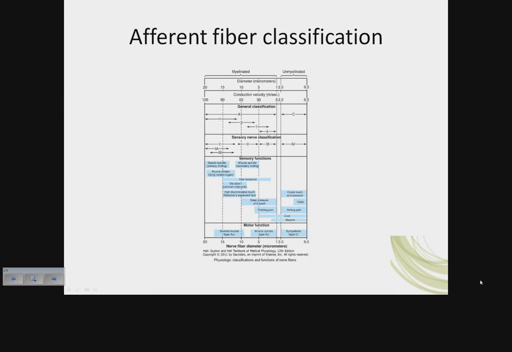The sizes, velocities of conduction, and functions of the different nerve fiber types are of importance to us. We now want to look below and see the next category that says sensory functions.